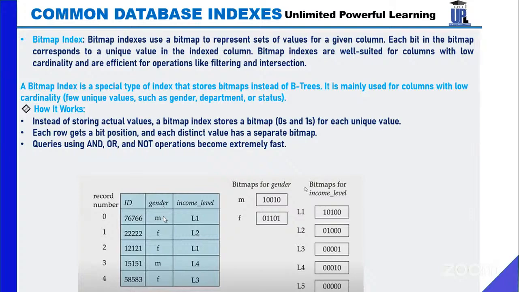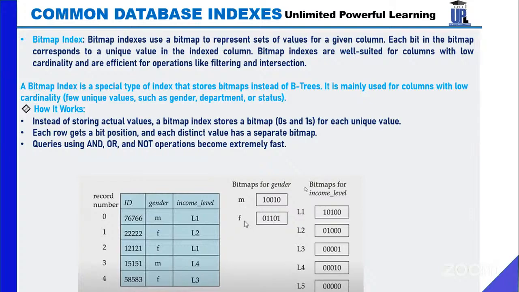If it is male, M, how do you represent male? M is 1. Then the second record is 0, and the third record is 0 because both are females. So that means 1, 0, 0. And the fourth record is 1 because it is a male. Then F is 0. So we got the bitmap for gender. Instead of M, I can represent gender in this bitmap binary value.